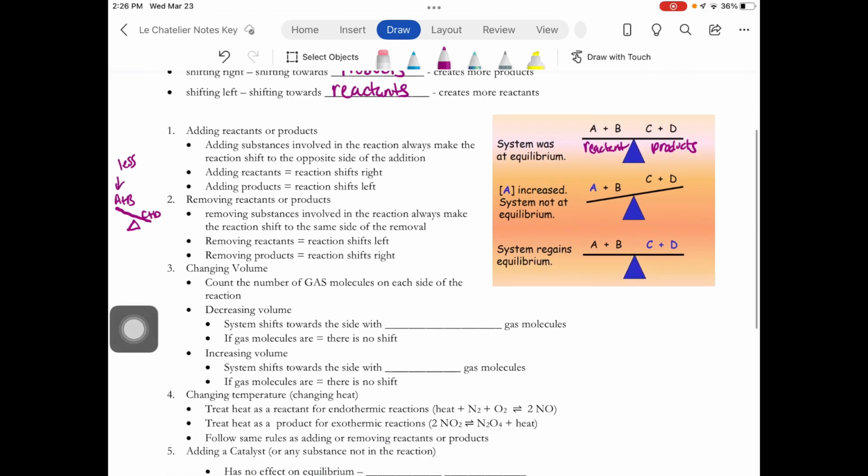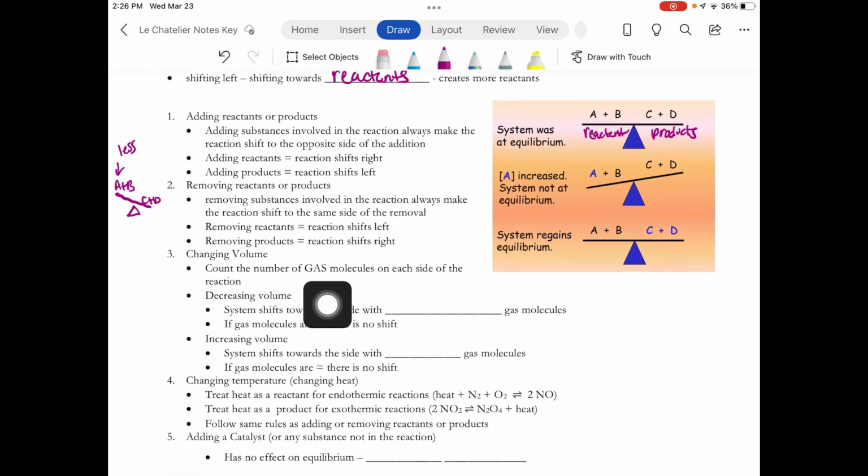Changing volume: you want to count the number of gas molecules on each side of the reaction. If you decrease the volume, the system is going to shift towards the side with less gas molecules.